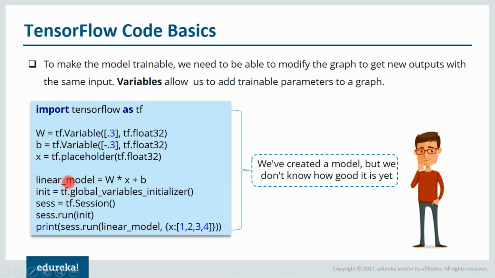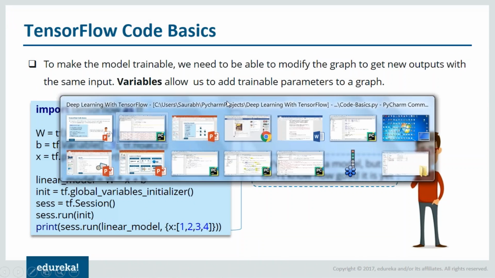Then we create a linear model, an operation in which we multiply W with X, and then add a bias, or B value, to it. Then we need to initialize all the variables in the TensorFlow program. For that, you must explicitly call a special operation, tf.global_variables_initializer, and then just run the session. Now let us go ahead and execute this practically, guys.